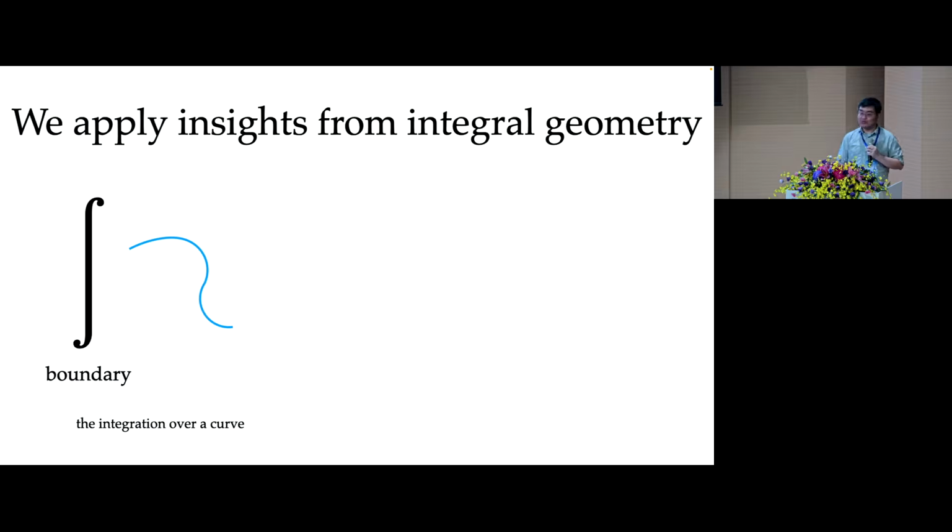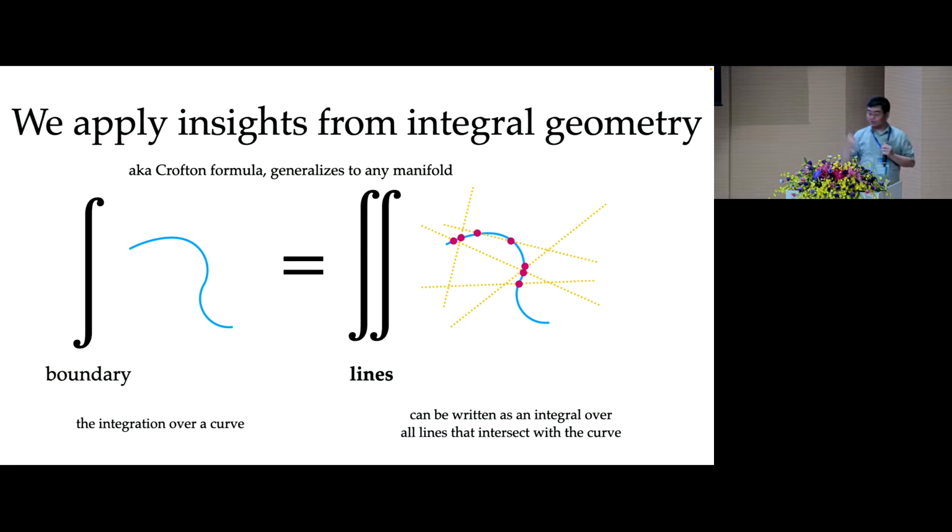Here is where we, again, try to follow some geometric insights. We apply insights from a math field called integral geometry. So I have an integral over some curve. It can be an open curve, it can be a closed curve, doesn't matter. An integral geometry theorem, aka the Crofton formula, tells us that the integral over this boundary is actually equivalent to an integral over all the lines.